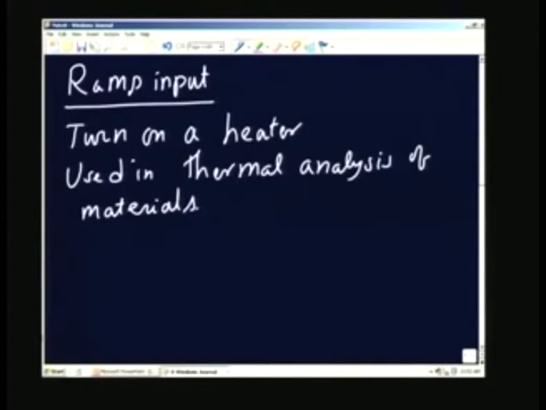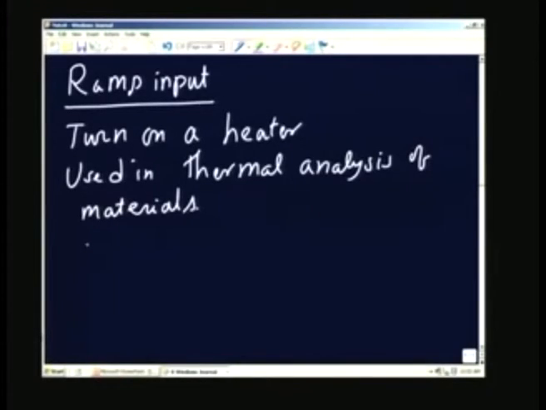Instruments which study the thermal behavior of materials usually use a programmed heating mode, in which a linear or ramp input is a common feature. So, increase the temperature with respect to time in a linear fashion.